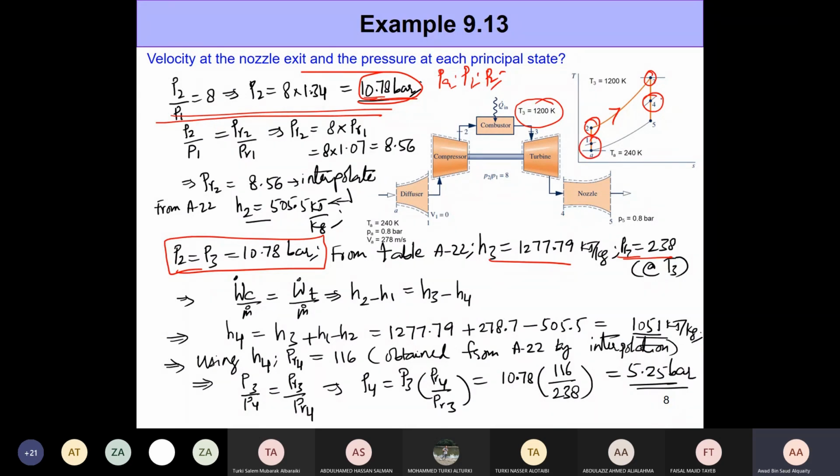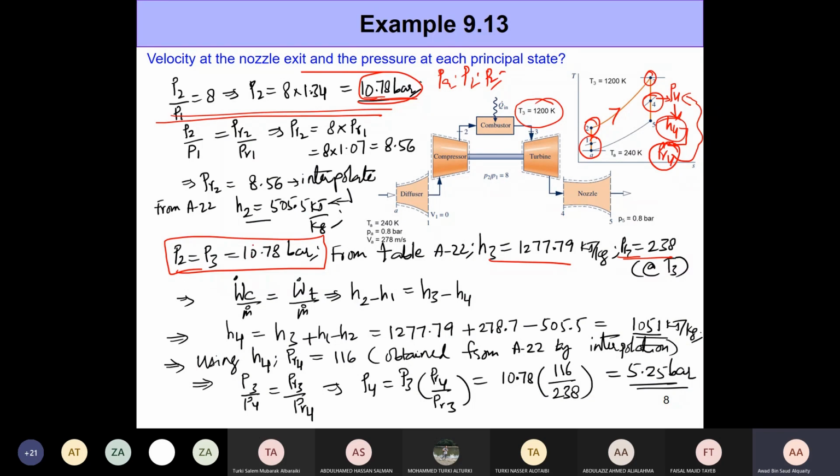The simple reason why we want to determine H4 is that for P4 we need H4. Once you have H4, we will have PR4, and using PR4 and considering that 3 to 4 and 4 to 5 are both isentropic processes, we will be able to go back and determine P4. So the question is, how do we determine H4?